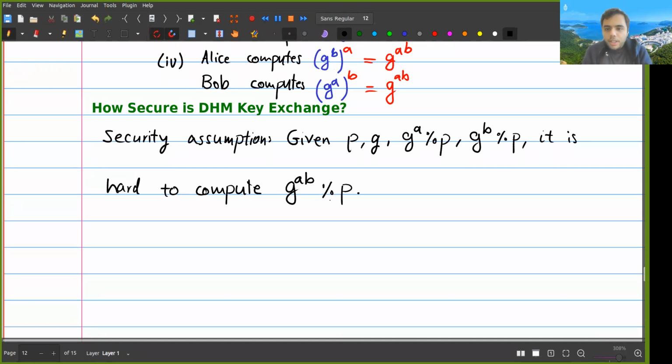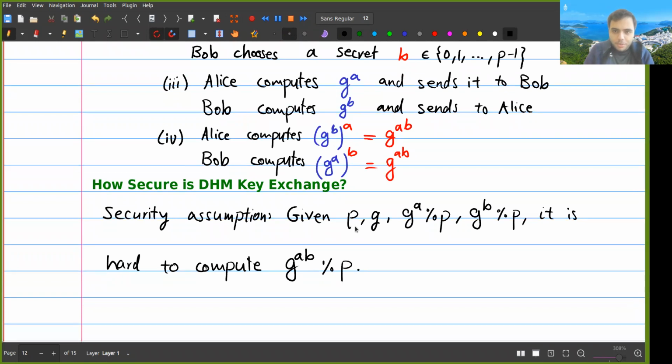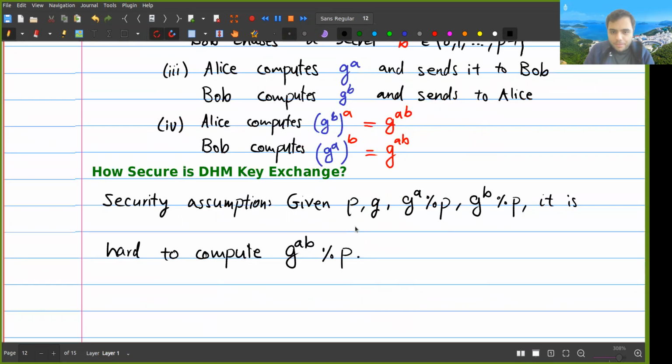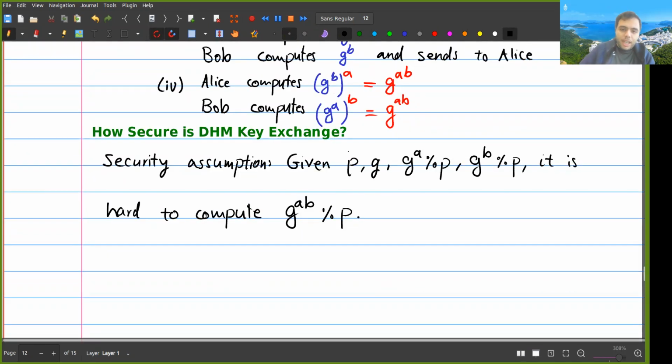Right? And actually, the answer here is that it's hard because no one knows how to do it. So right now, we don't have any algorithms that can do this, especially when P is a large prime number. So again, imagine that P has thousands or maybe even tens of thousands, hundreds of thousands of digits.